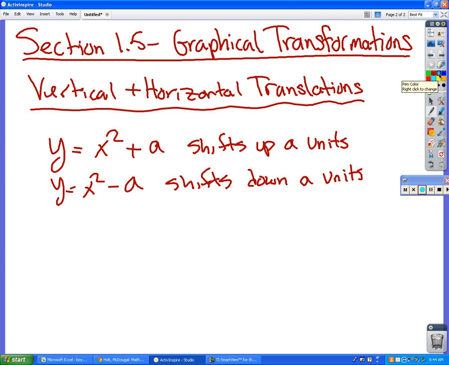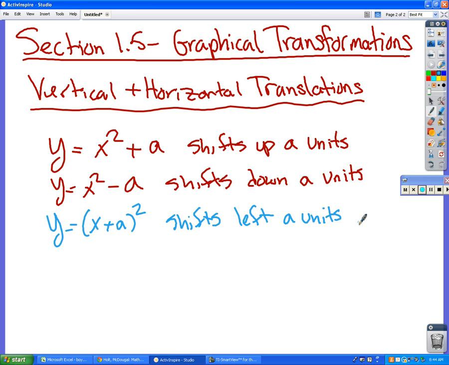Okay, mildly more complicated is shifting it to the left or to the right. What's the difference then? Right, then you need to do it inside parentheses. So if I said x plus a inside the parentheses and then squared it, this would shift my graph left a units.